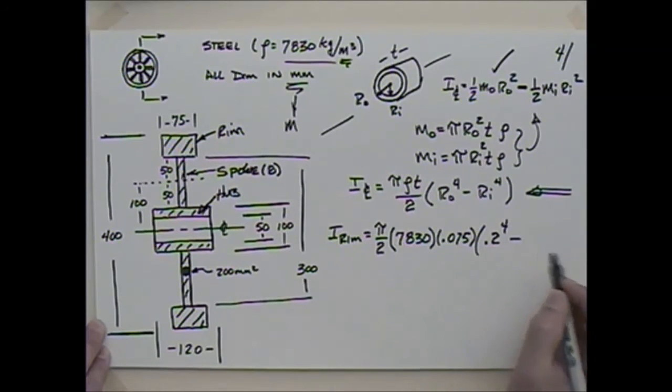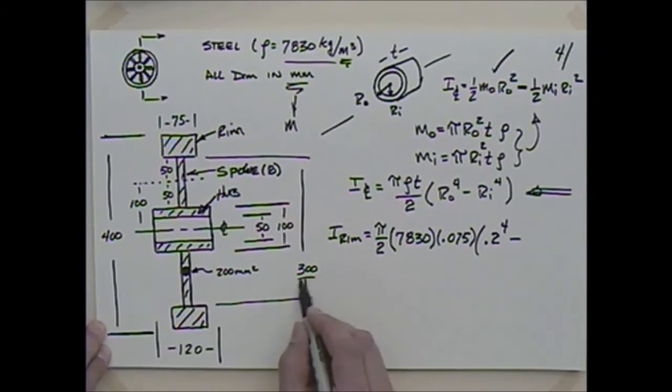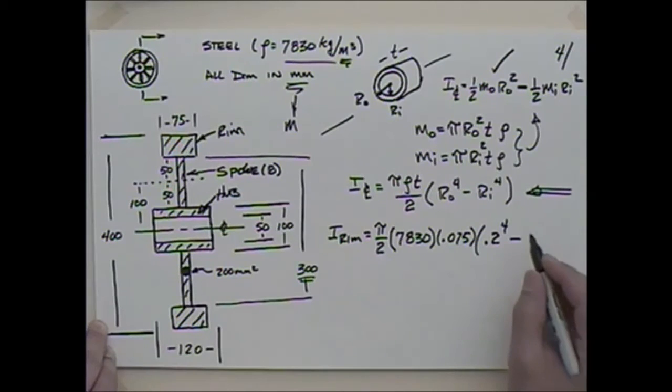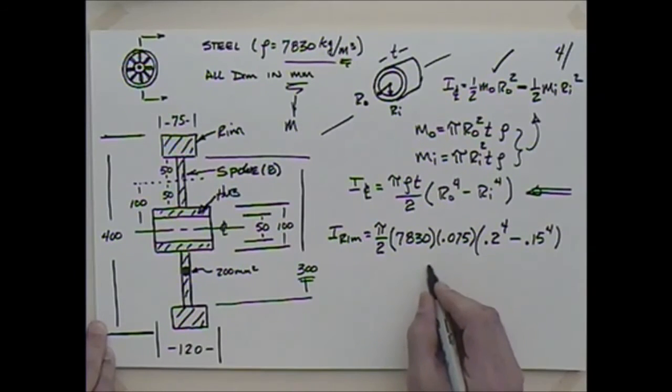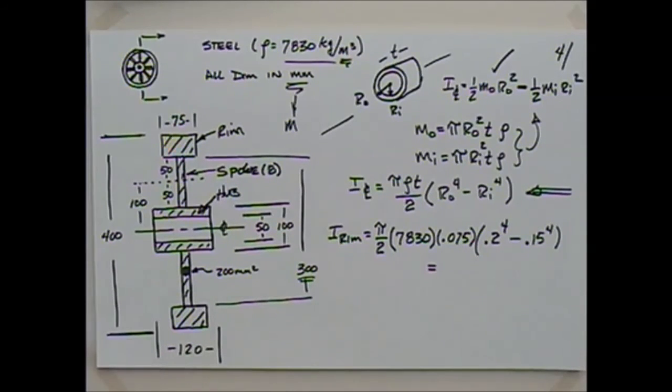And then I'm going to have to subtract the inside. So what's the inside of it? 300, so 150, so 0.15 taken to the 4th power. So run through those numbers, let me see what I get.